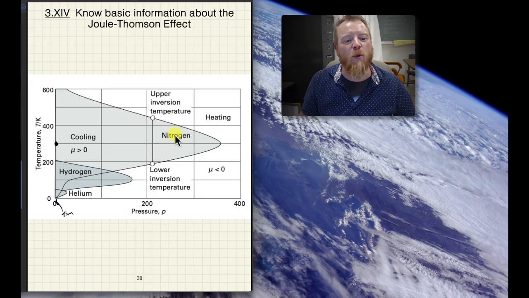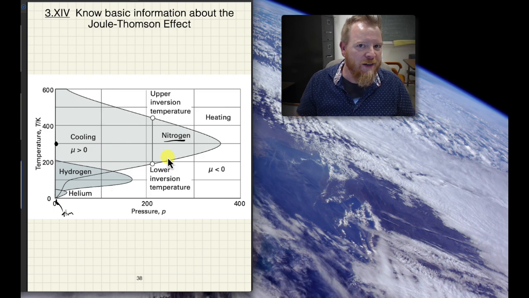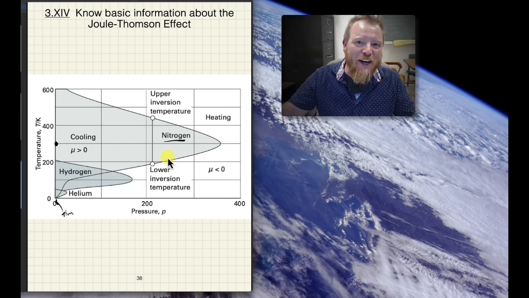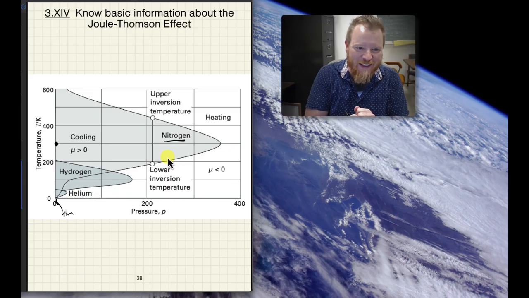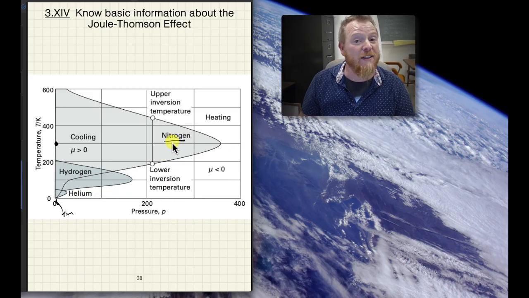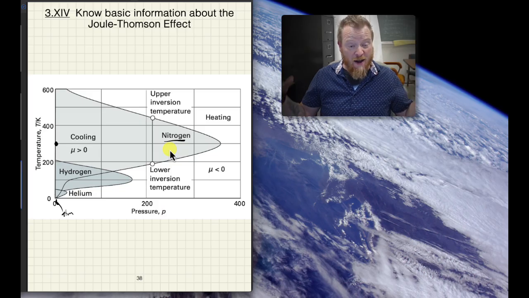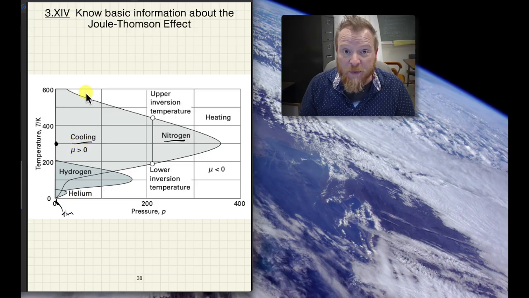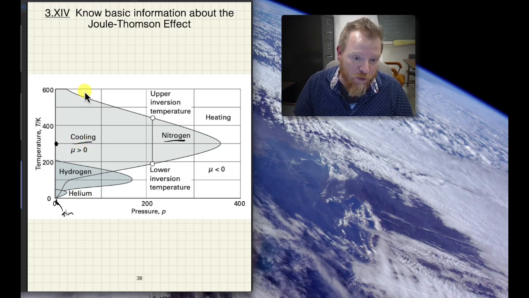So I also like to point out, this is very cool, you can actually make liquid nitrogen by expanding it, not by compressing it. And that is, if you expand nitrogen gas from a high enough pressure into a low enough pressure, it will experience so much cooling that it will actually liquefy.